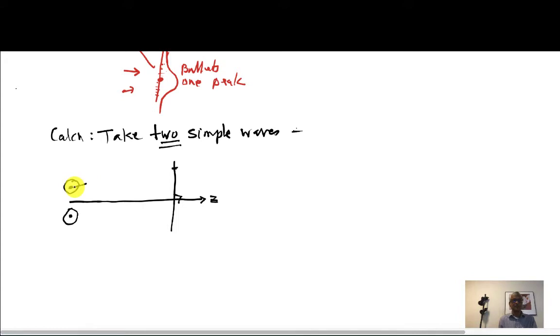It's going to be hard to draw on this surface. Okay, so I've got these two waves. They come in over here at some point P.